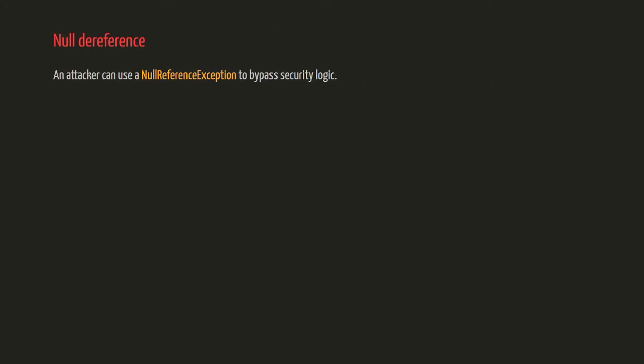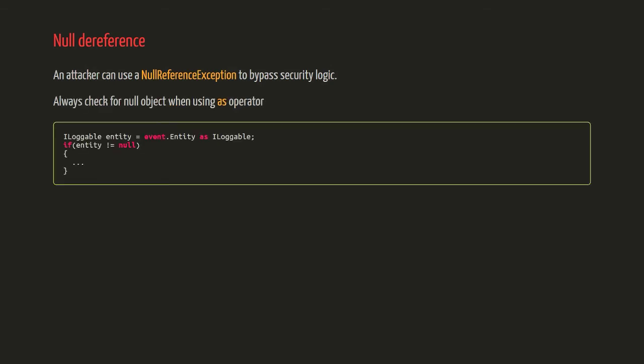And a well-known problem is the null dereference. An attacker can use a null reference exception to bypass security logic or to obtain useful debugging information in subsequent attacks. So always check for null when using the as operator, for example.